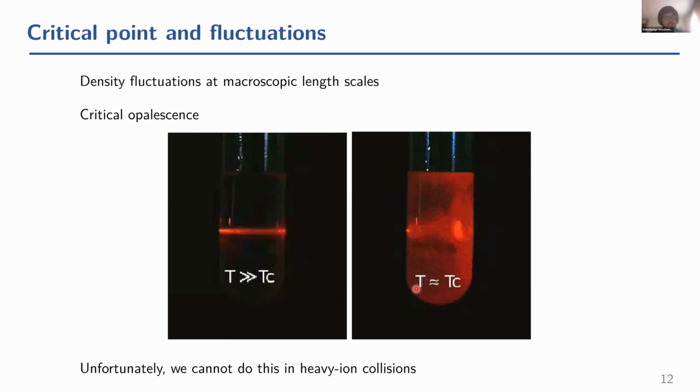But unfortunately, we cannot do this kind of experiment in heavy ion collisions, because there is no way to trap excited QCD matter and shoot lasers on it. What we have in heavy ion collisions is a much smaller system, and it expands in vacuum, and we cannot really control this expansion. We can only measure what emerges from the collision. So this is not an option.